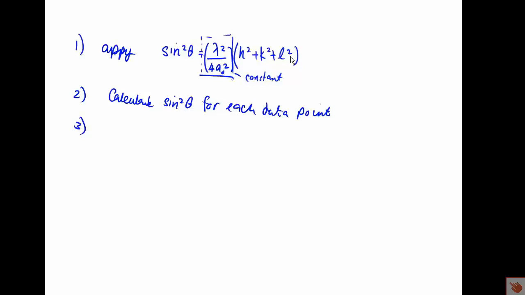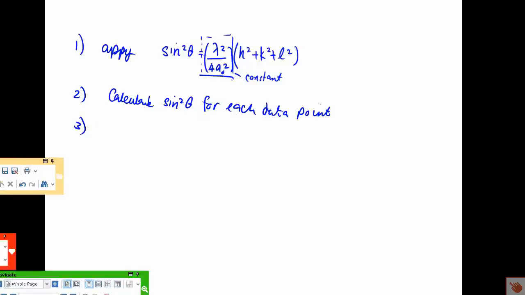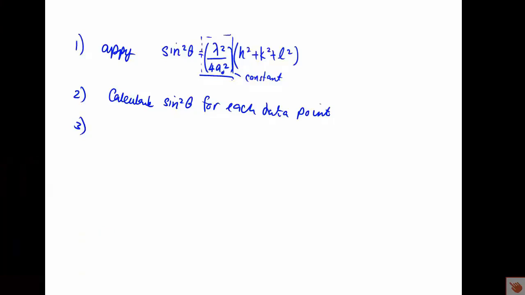So what we're going to do, we're going to divide our table of sine squared values by a common denominator to transform the list of sine squared values into a list of integers. It'll be easier to understand once I show you an example.